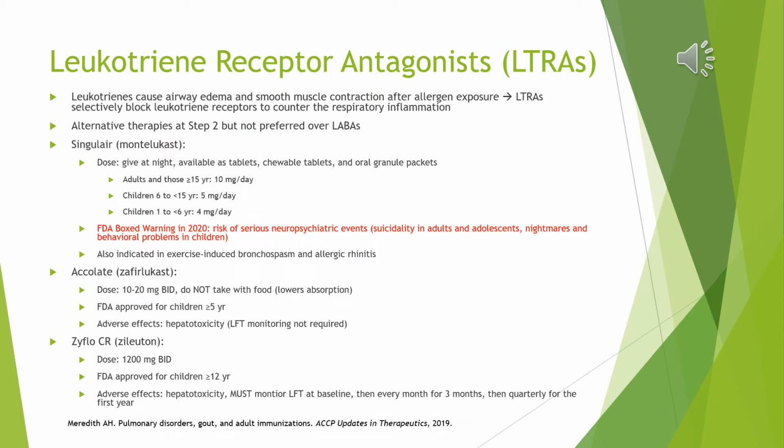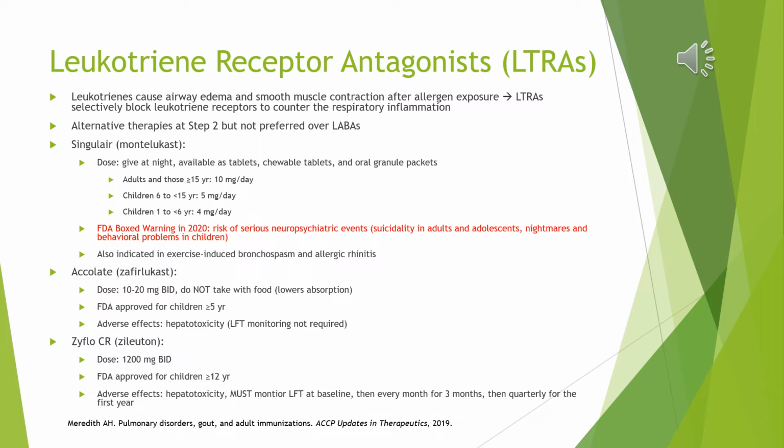Next, let's talk about the leukotriene receptor antagonists. So what is leukotriene? Leukotrienes can cause airway edema and smooth muscle contraction after allergen exposure. So when we block these receptors, it can counter the respiratory inflammation.